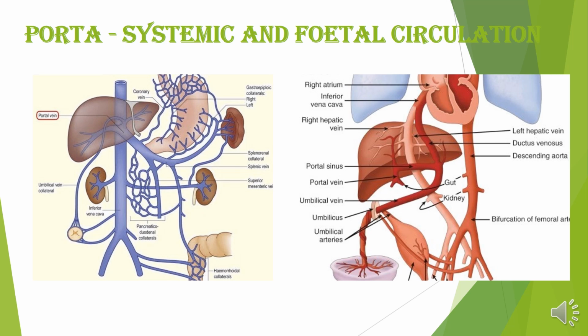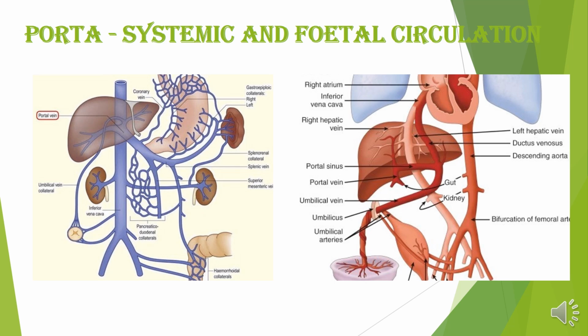So after the birth, this ductus venosus gets obliterated and we call it ligamentum venosum. Similarly, this umbilical vein also gets obliterated after the birth and we call it ligamentum teres.